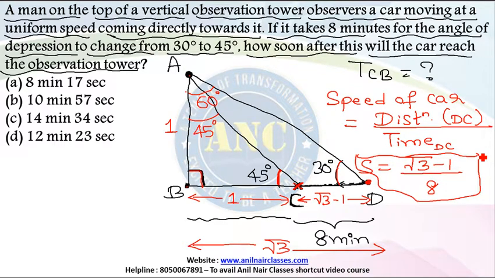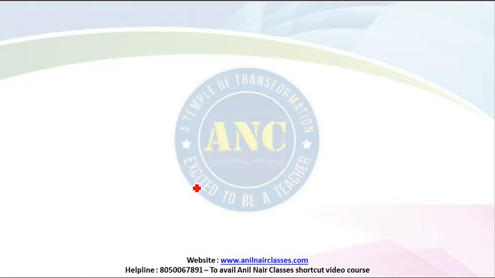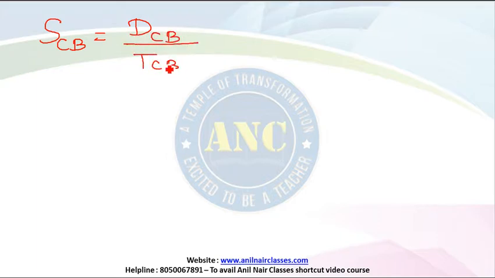Now, the speed of the car is the same because it is given that it is uniform speed. So, to travel from C to B also it is traveling at the same speed of root 3 minus 1 divided by 8. But I require time.